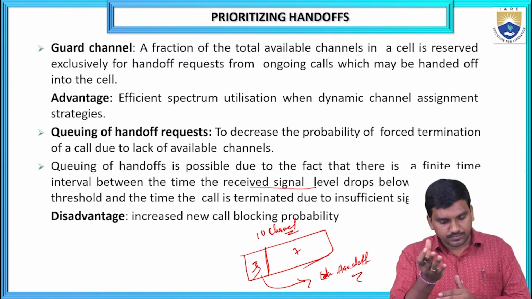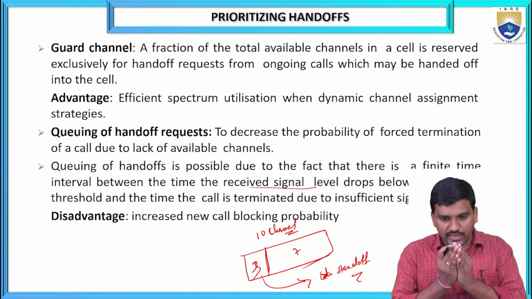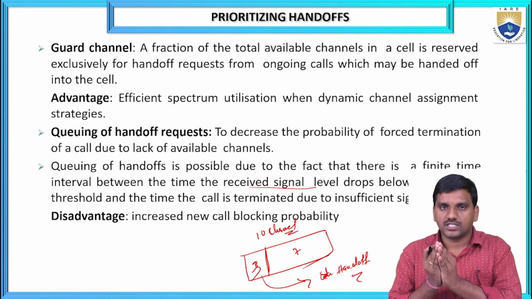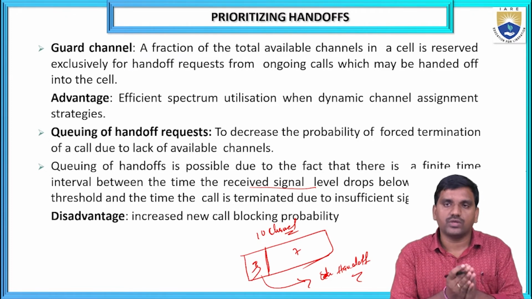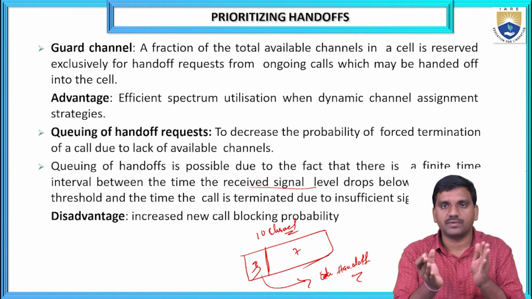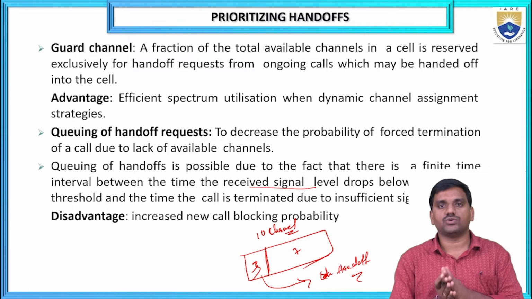So in the guard channel, we can play with some n number of channels specifically assigned for handoff requests. In queuing of handoff requests, we can play with the time interval between the received signal level drop and the threshold time.